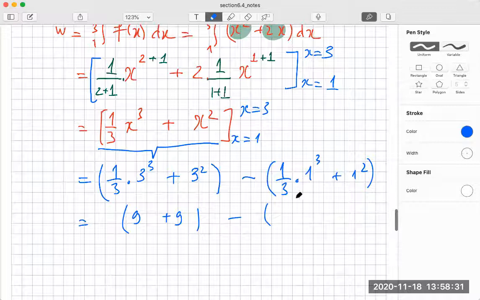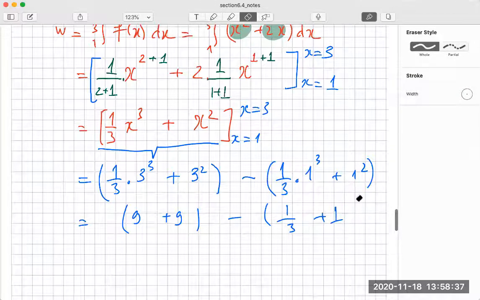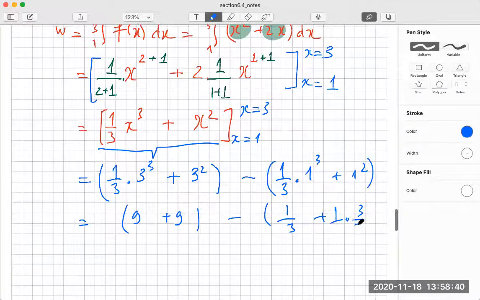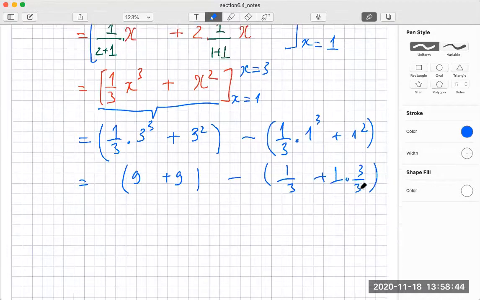Subtract here 1/3 plus 1. Okay. So we find the common denominator so that we can add them up. It becomes 18 minus 4/3. Okay.